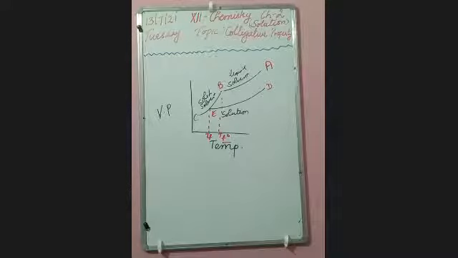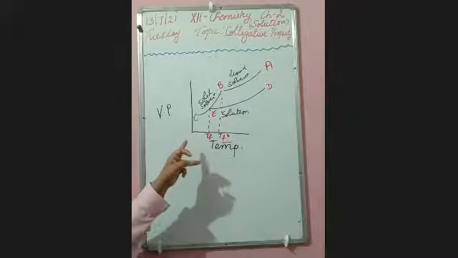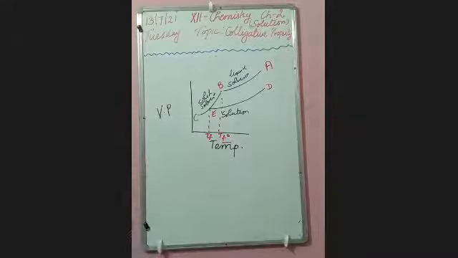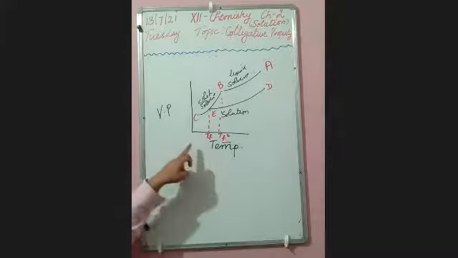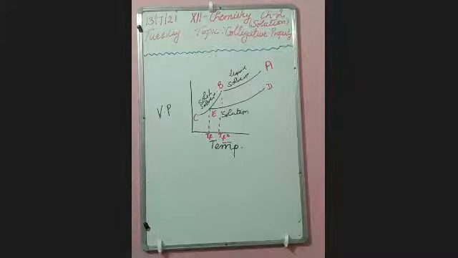Now, as at any temperature the vapor pressure of solution is always less than that of solvent, the curve ED has lower vapor pressure than that of solvent and lies below the solvent curve. And this point TF represents the freezing point of solution.